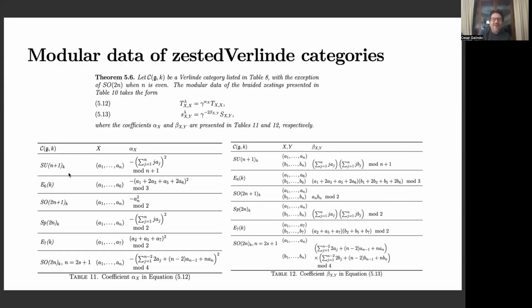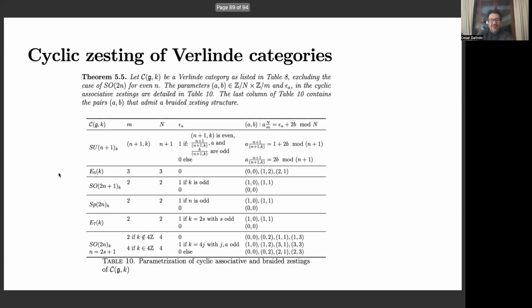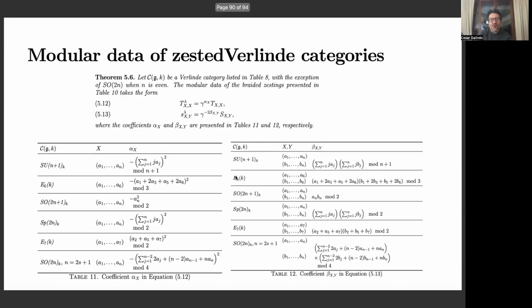We have closed formulas again for the new modular data. So you start with a modular data that came from one Verlinde category. You pick one of these zestings parameterized by all these elements, and then you want to have a concrete formula for the new zesting. And the idea is that the new modular data will change just by some scalars that appear in these powers.